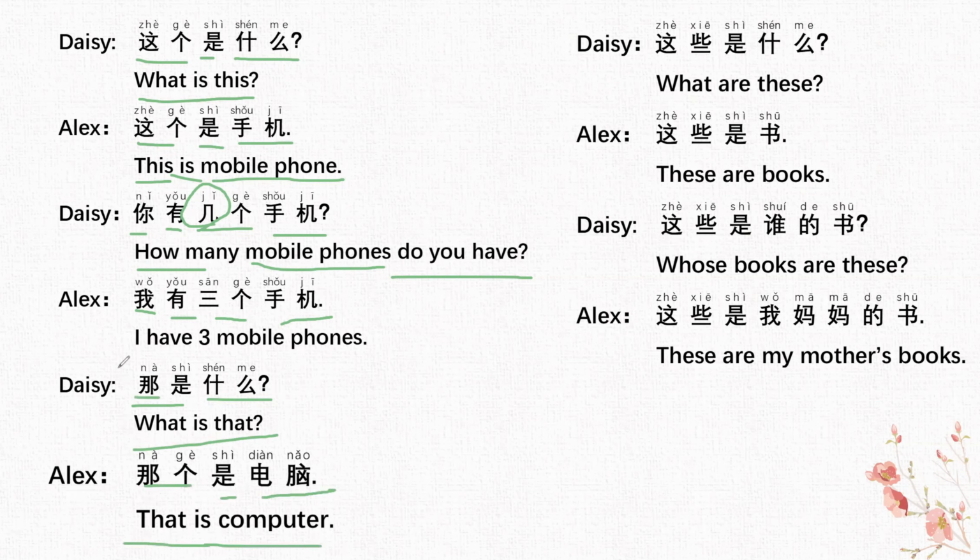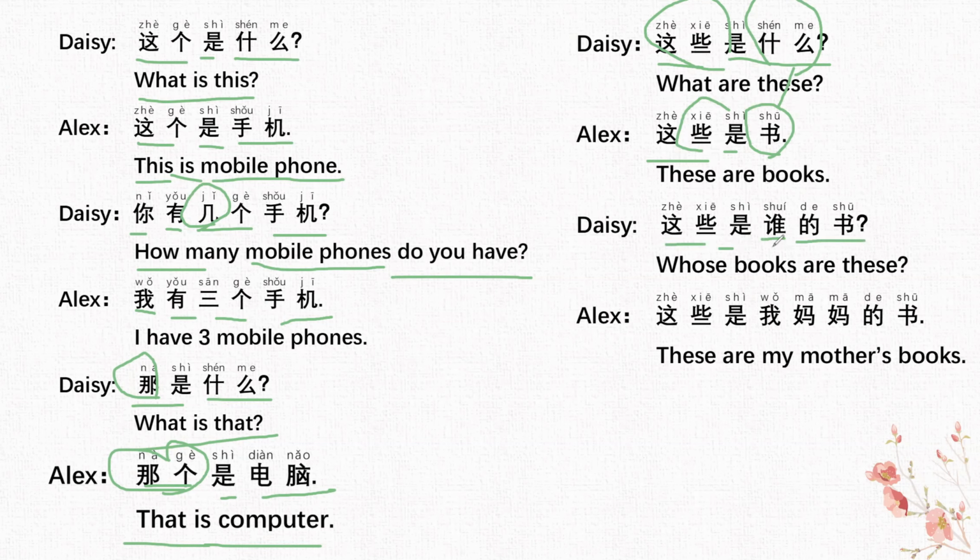You see here, I use 那, but here I use 那个, like I said before. 那 and 那个, no difference. 那 means that, 那个 means that one. So similar. 这些是什么? What are those? 这些是书. You see, book, answer, question, switch. The rest of the part, 这些是, is the same. 这些是谁的书?